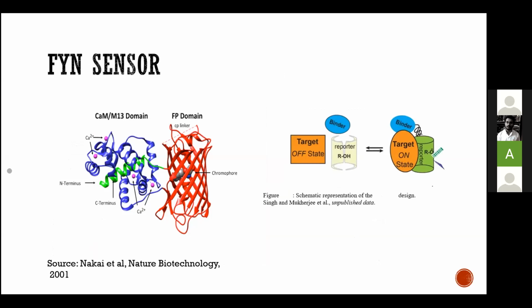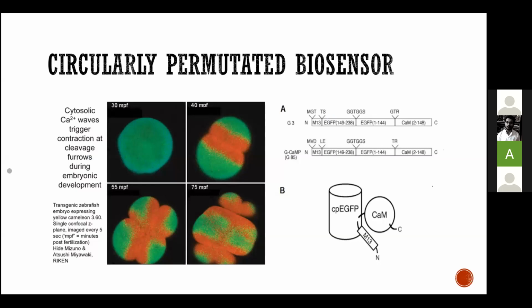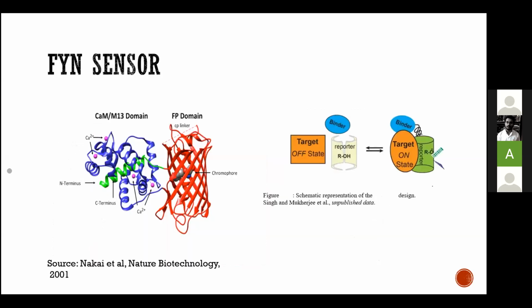So then we move on to the Fyn sensor our lab is working on. This was the sensor I was working on. The study you saw here was the calcium ion calmodulin structure. From here, they had made a circularly permuted beta barrel structure of EGFP, so we went on to make a circularly permuted green fluorescent protein.